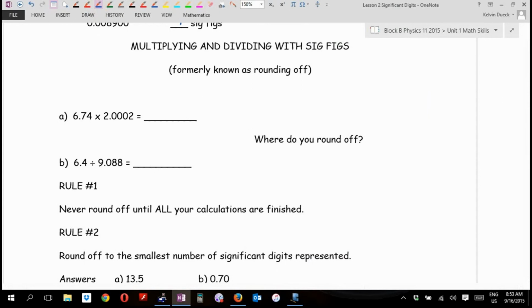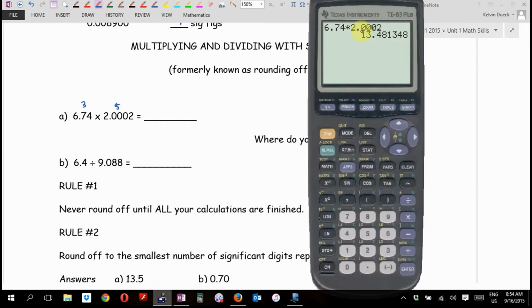With a pencil or with your pen, how many sig figs does 6.74 have? How many sig figs does 2.0000? You're going to round off to 3 sig figs. You round off to the fewest number of sig figs in your data.